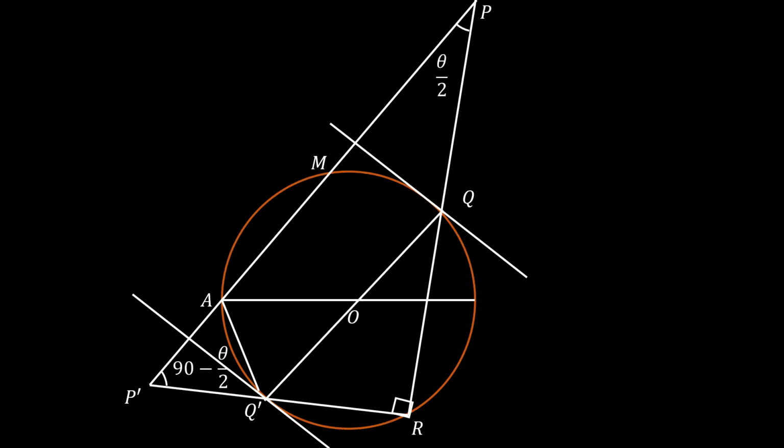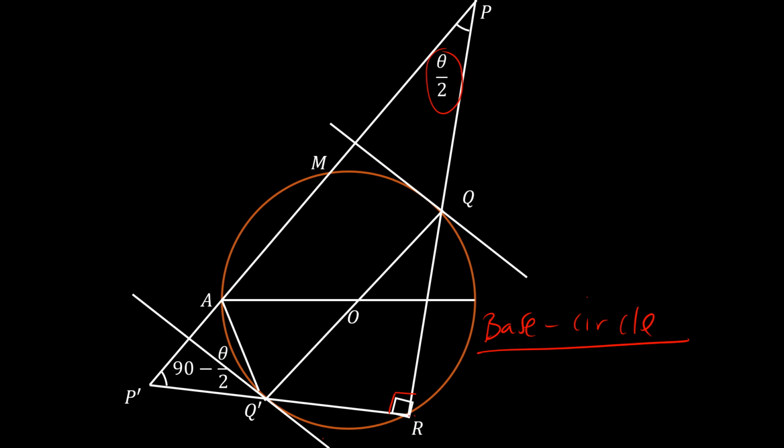So let's go ahead and do that. We've already shown that this is theta over 2 and this is 90 minus theta over 2. So obviously this is going to be 90 degrees, right? So PQ and P prime Q prime meet on the base circle at 90 degrees.